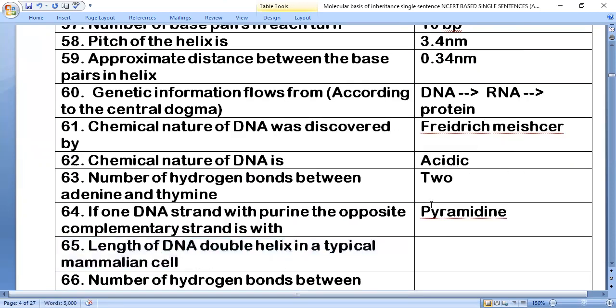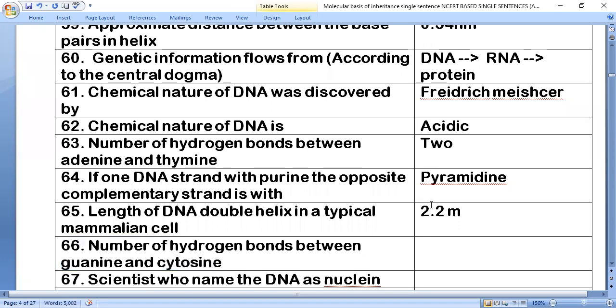Length of DNA double helix in a typical mammalian cell: 2.2 meters. Number of hydrogen bonds between guanine and cytosine: 3. Scientist who named the DNA as nuclein: Frederick Miescher.